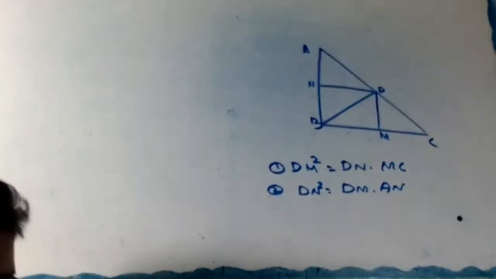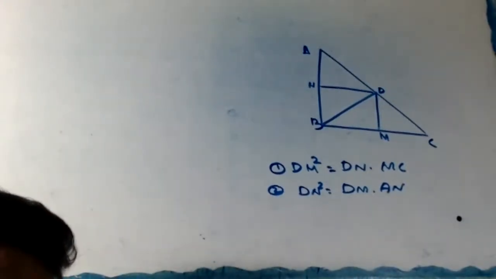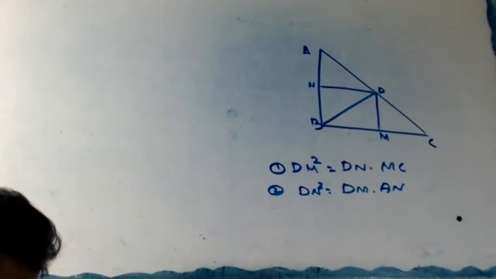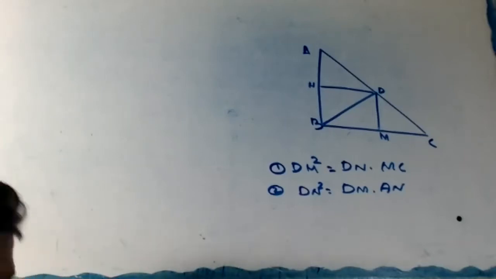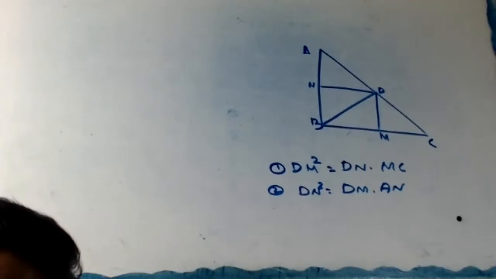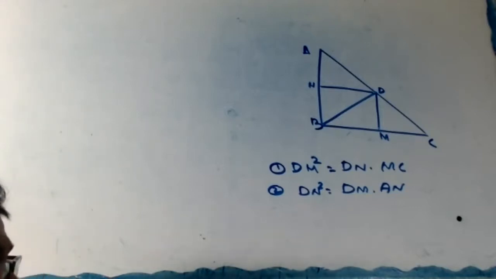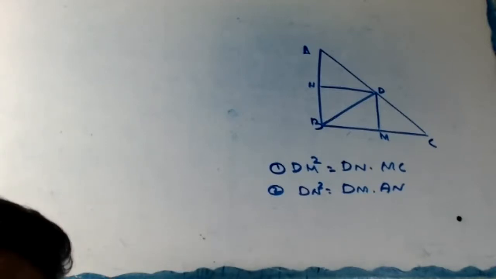Question again. Look at here. In figure, D is a point on hypotenuse AC of triangle ABC such that BD perpendicular to AC, DM perpendicular to BC, DN perpendicular to AB.